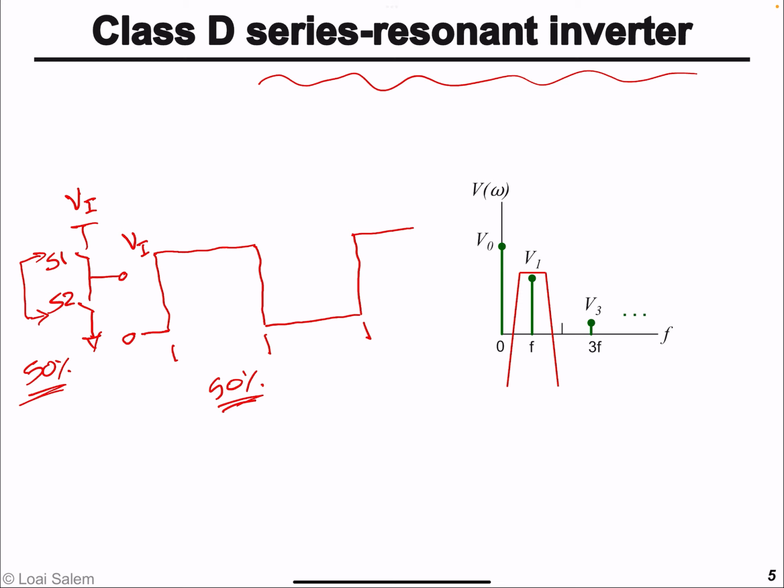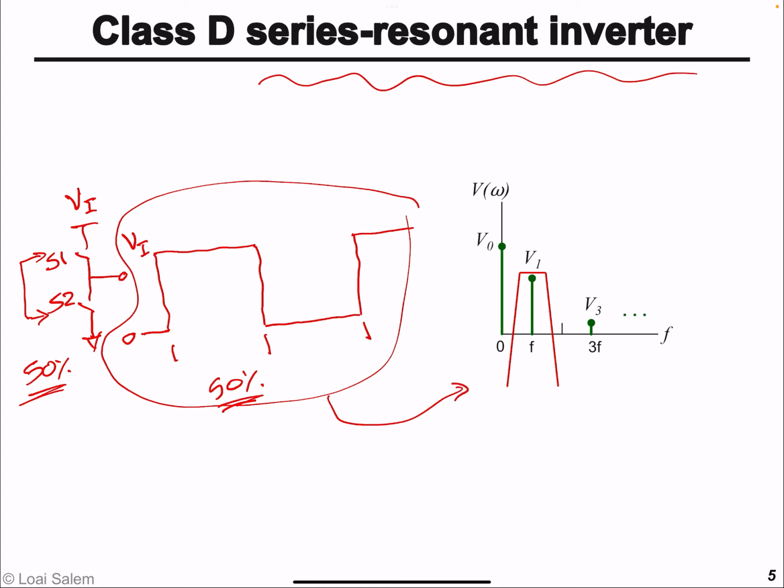If we look at this voltage waveform in the frequency domain, we'll see that the square voltage consists of a DC component at VI divided by 2, a fundamental component at a frequency, say f0, and odd harmonics at the third, fifth, seventh, and so on.